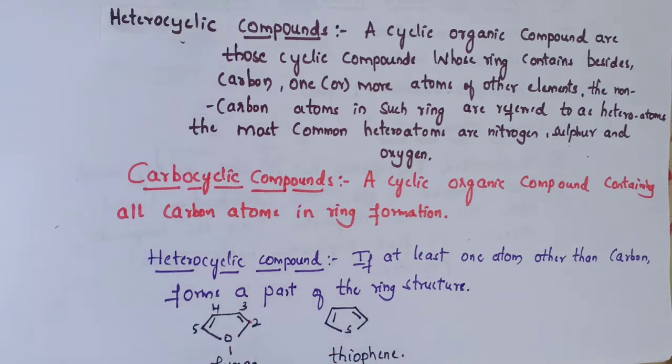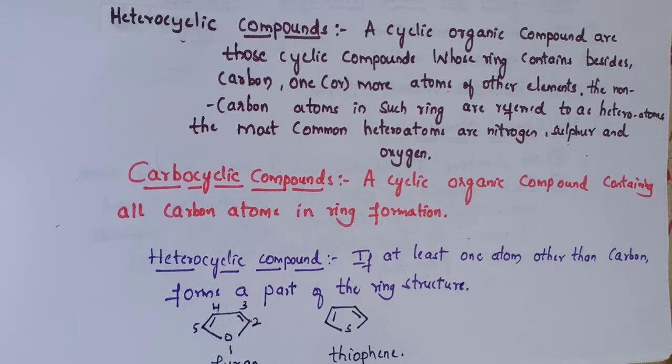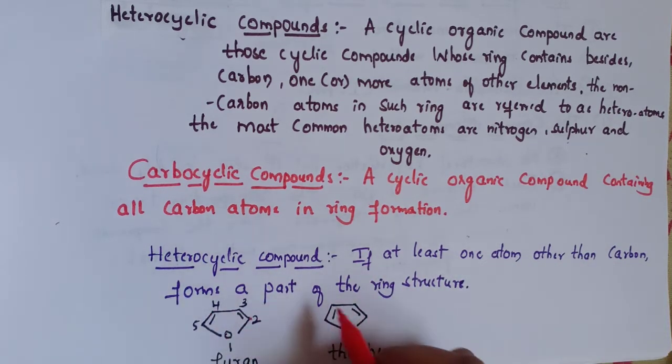In the carbocyclic compounds, only carbon atoms are present and they are involved in the ring formation. But in the heterocyclic compounds, an atom other than carbon is present. See the definition: if at least one atom other than carbon forms a part of a ring structure.